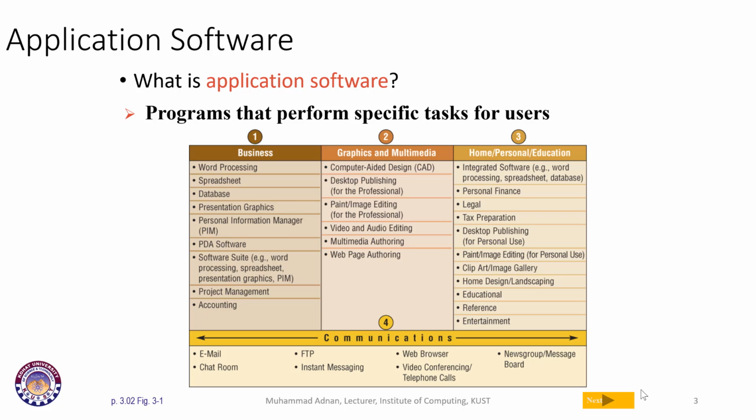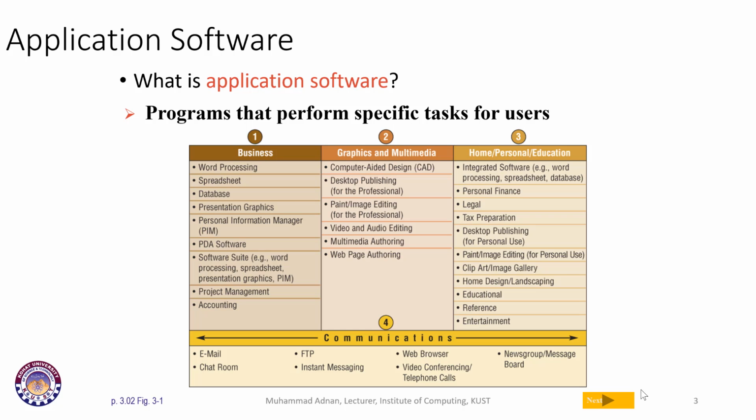And then we also have home, personal, and education application software that we can use at home for personal use and for educational purposes, like integrated software such as word processing, spreadsheet, and databases, personal finance software, legal software, tax preparation, desktop publishing used for daily utility tasks, image editing for personal use, clip art, image gallery, home design, landscaping, and educational software for educational purposes.